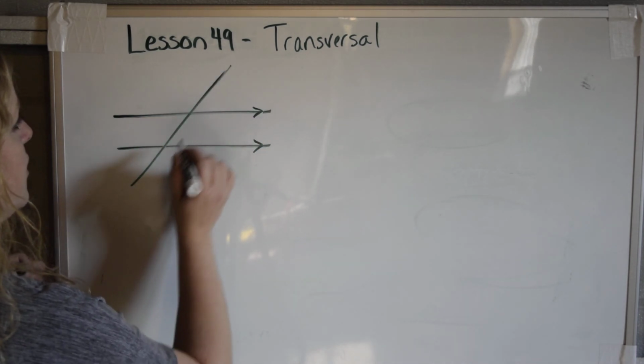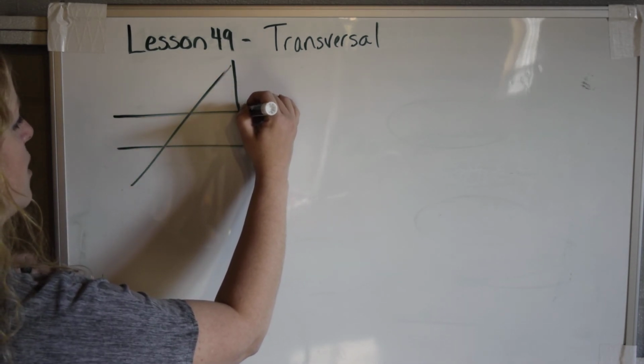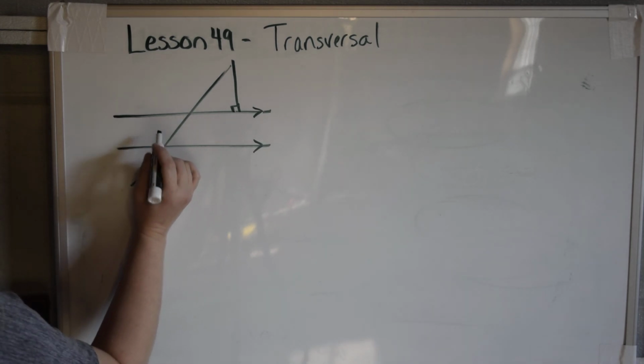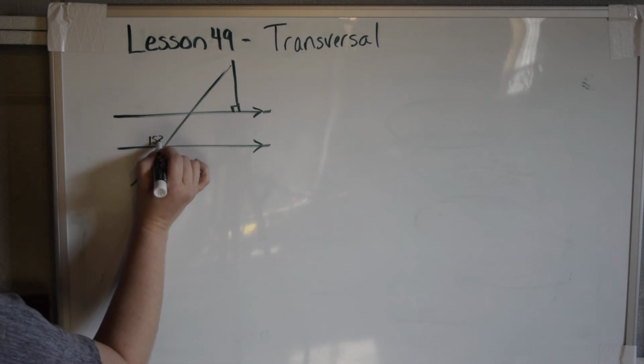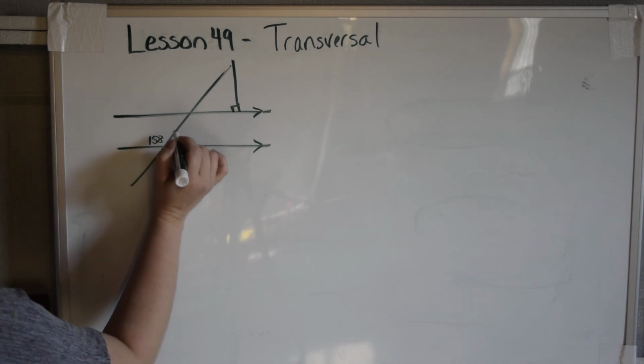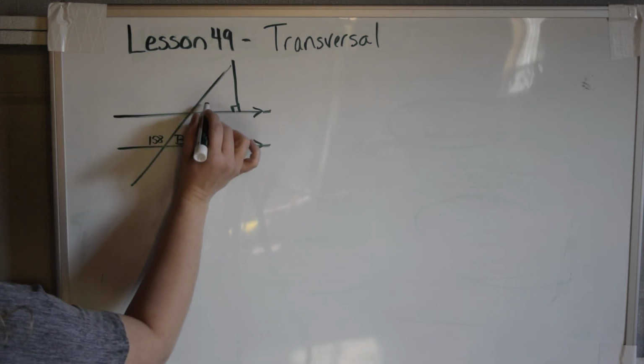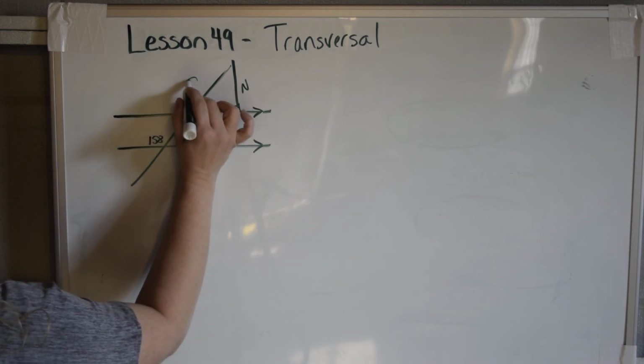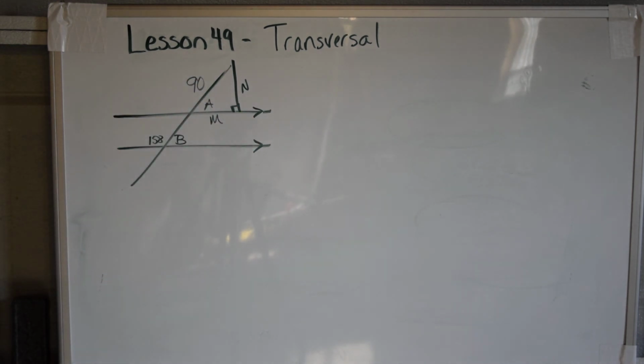Cut by a transversal, and then we'll have our right triangle. Let's label those. This angle is 158. And we'll call that B and A, M, N. And this time the hypotenuse is going to be 90.